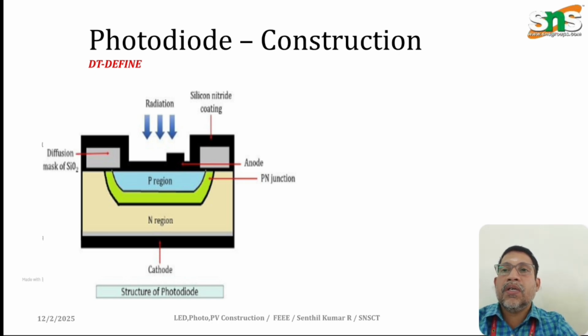For photodiode operation, we know that it should be in reverse bias condition. Therefore, the terminals are taken from the silicon dioxide SiO2 diffusion layer, which is in the left and right top of the N-type region.